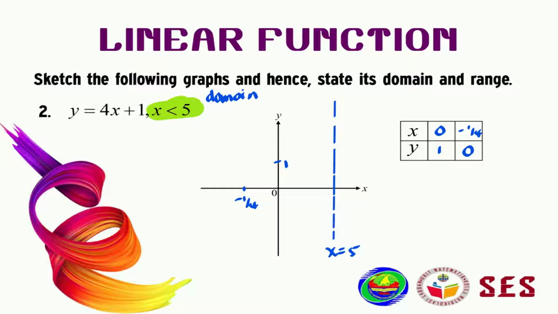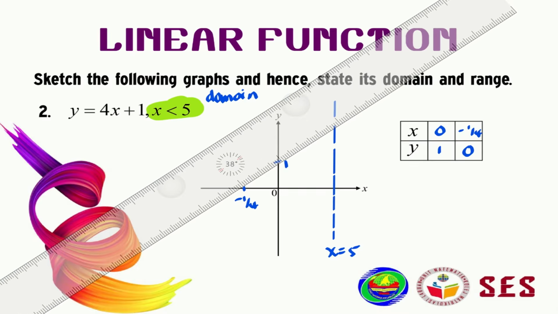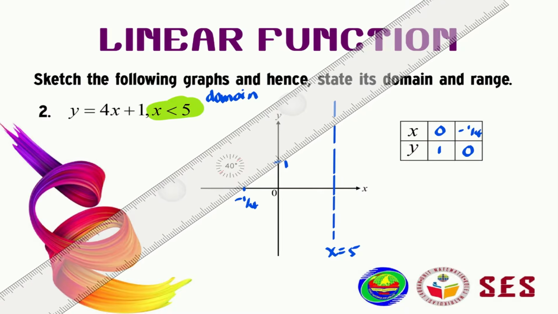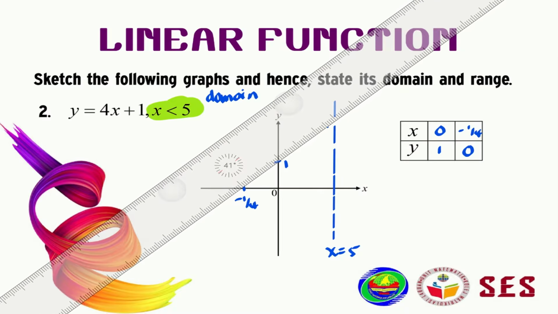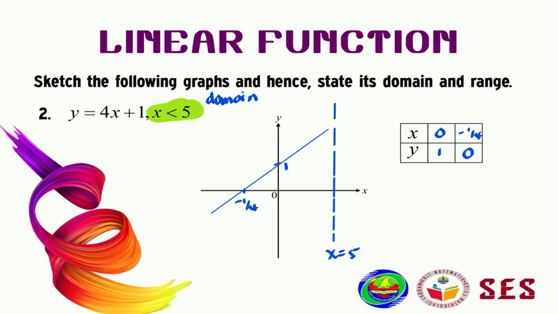Then we take our ruler and join the 2 points. Since x is less than 5, at this bit here we need to make an empty circle, something like this, to indicate that x will not touch 5.